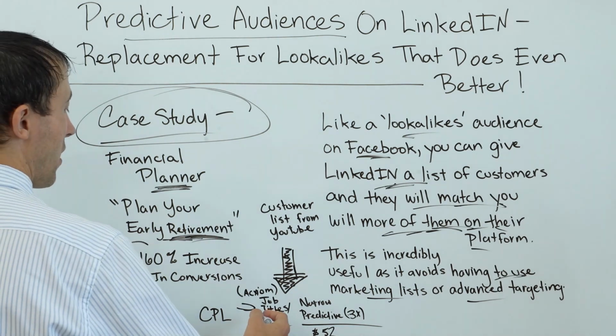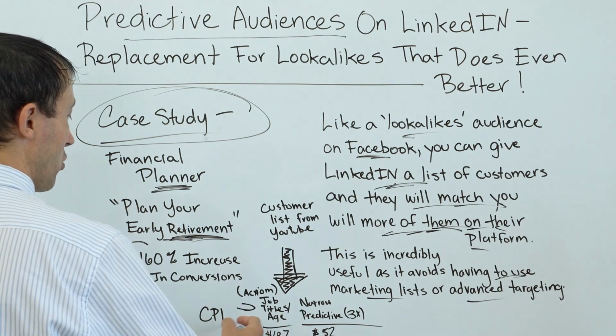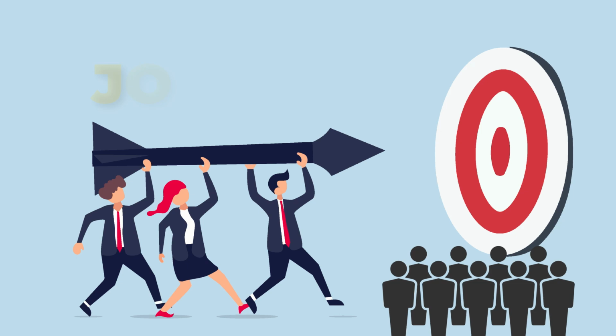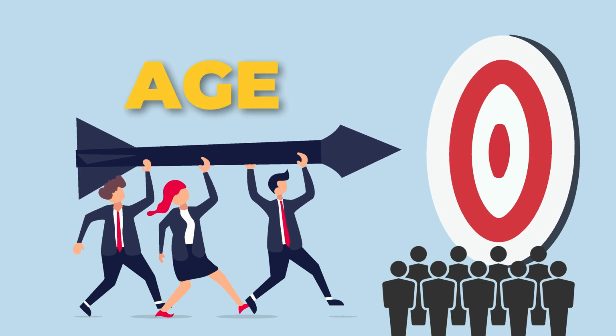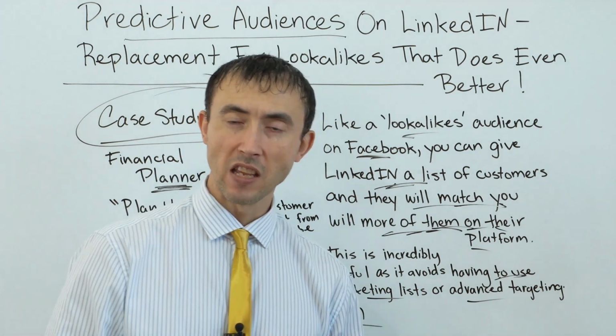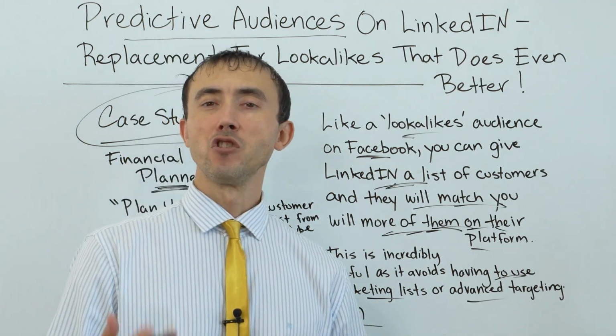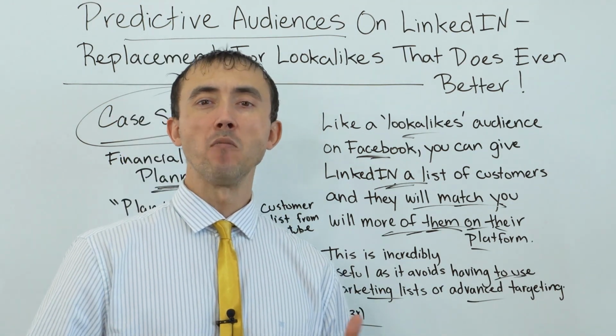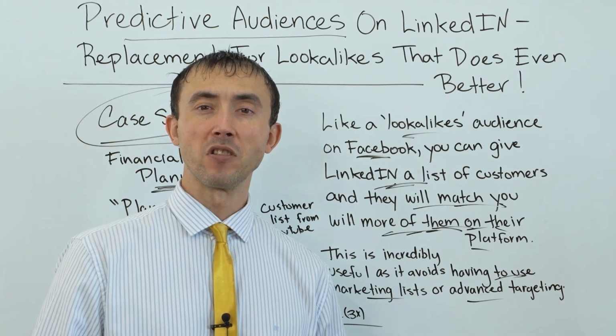Anyway, what we did on LinkedIn for this offer, as I described earlier, was target people by job title and age. Because we found out, by giving the customer list that we had to Acxiom, that certain job titles popped up way more frequently than others, which was very interesting.